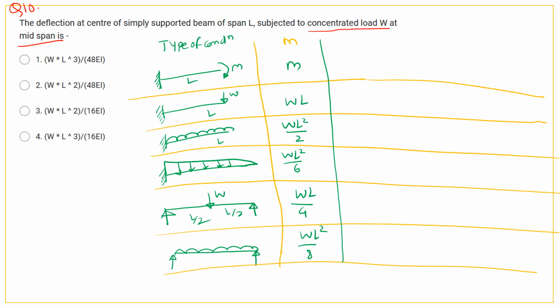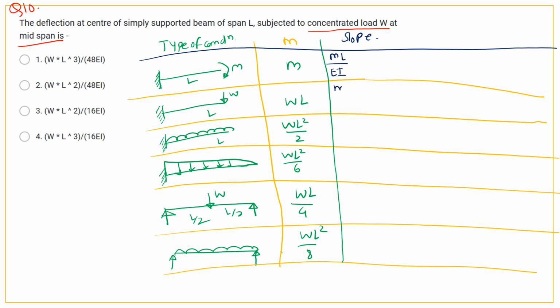Then next is slope. To find out the slope value, there are simple calculations, and by these simple calculations you can remember all the values for the different conditions. First is ML by EI.